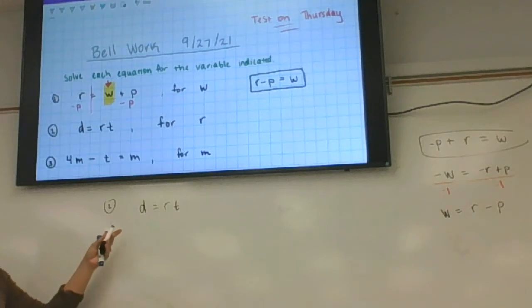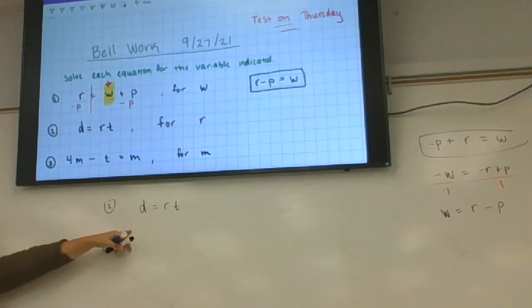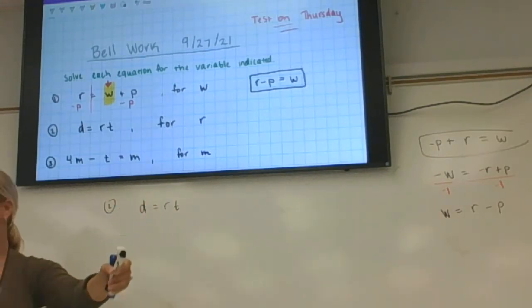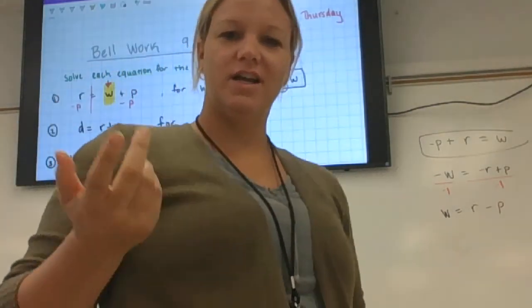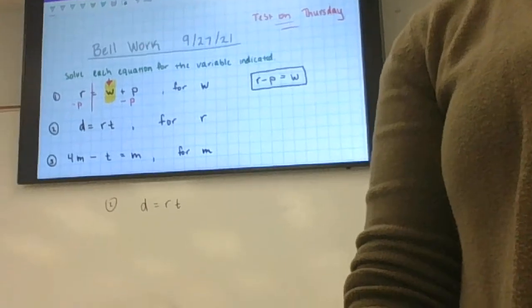This is a literal equation that is also a very popular formula. What formula is it? Not a property, you get properties. What formula is it? Area. Well, area has an A in it. What does this have in it?